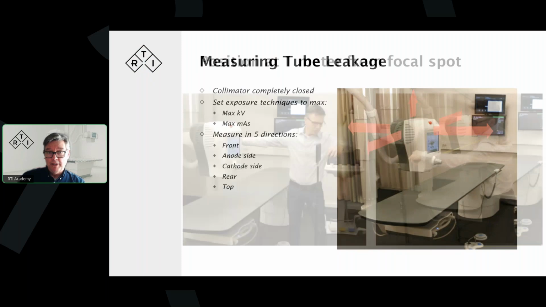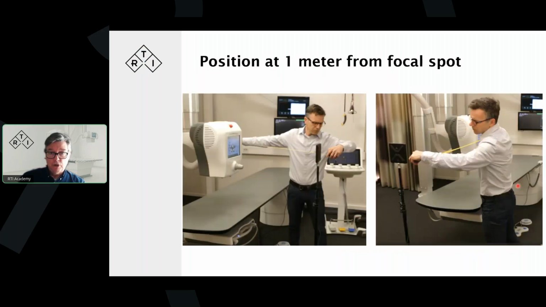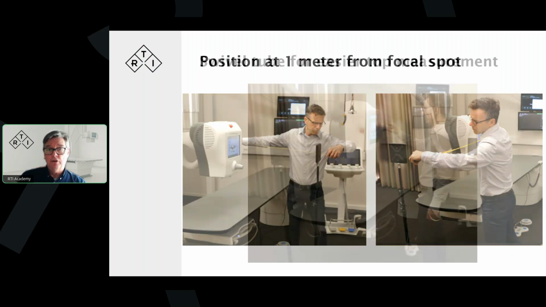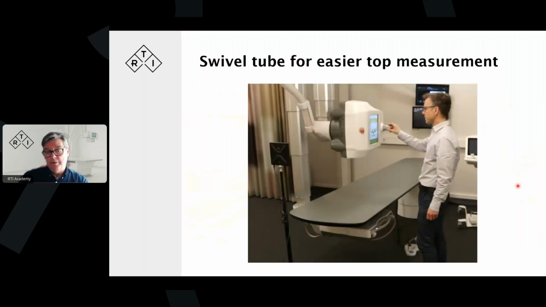Put it at 1 meter from the focal spot, and you make an exposure, and you make your reading, and then compute the values to see what you have, and what that would add up to during 1 hour of operation. If you have a tube like this, instead of trying to jig it, jerry rig it up above, you might be able to swivel the tube and make the measurement from the top just by rotating the tube.